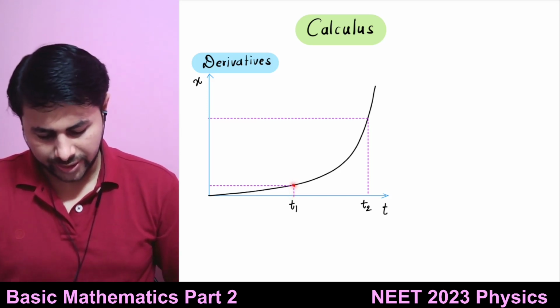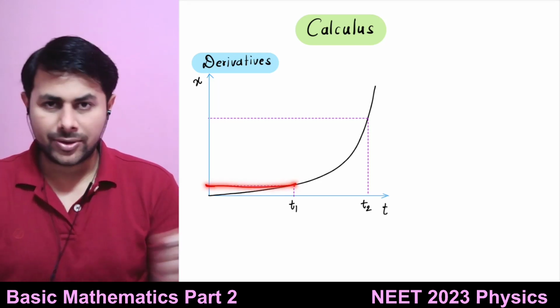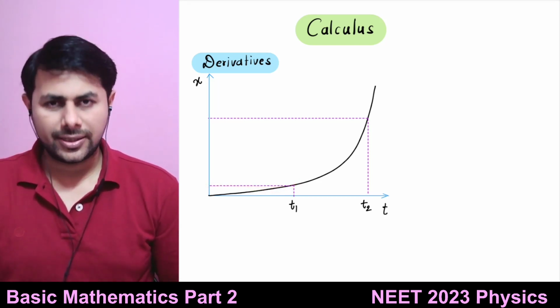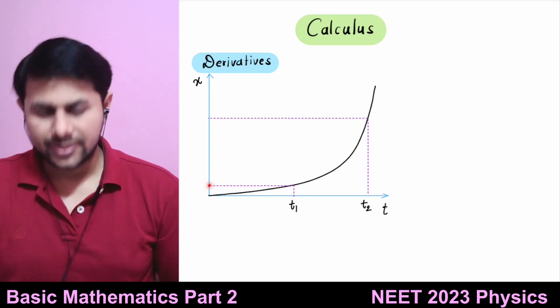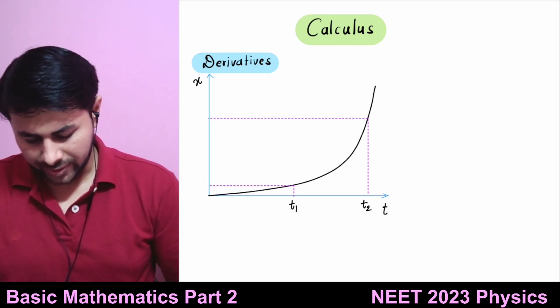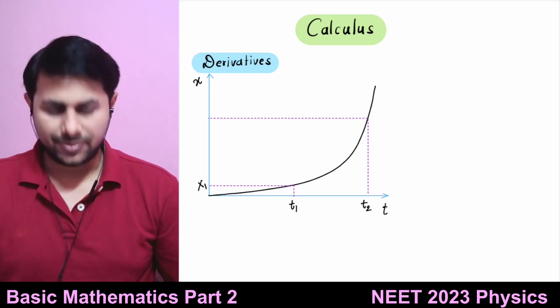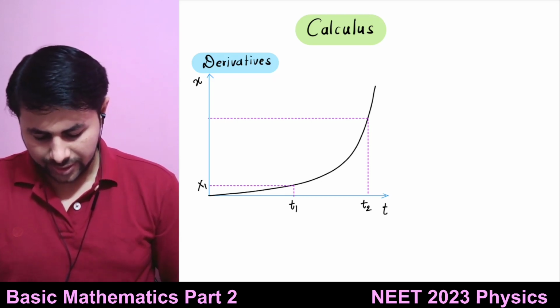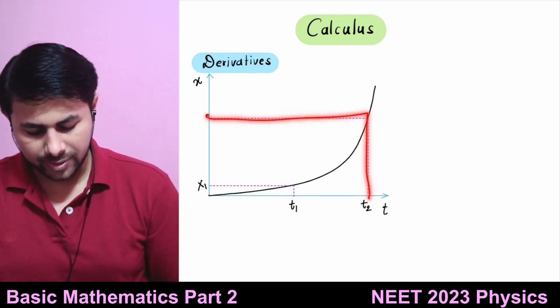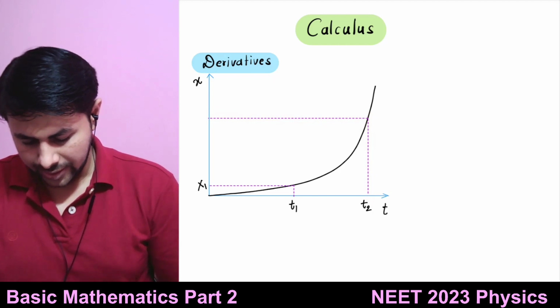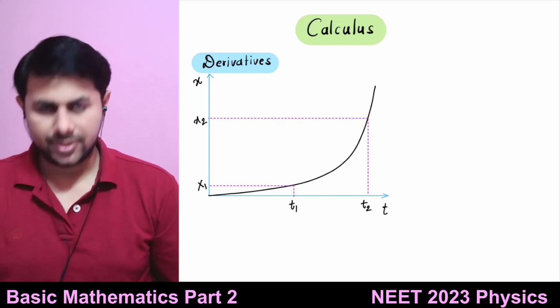It meets at this point, and from there I will draw another perpendicular on the x-axis. So this is my position at time t1. Similarly, I will find the position at time t2.